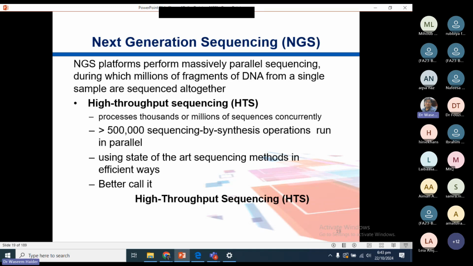Next generation sequencing, NGS, performs massively parallel sequencing, during which millions of DNA fragments from a single sample are sequenced together. This is also called high throughput sequencing. You press a key as input, and the computer processes it in between.